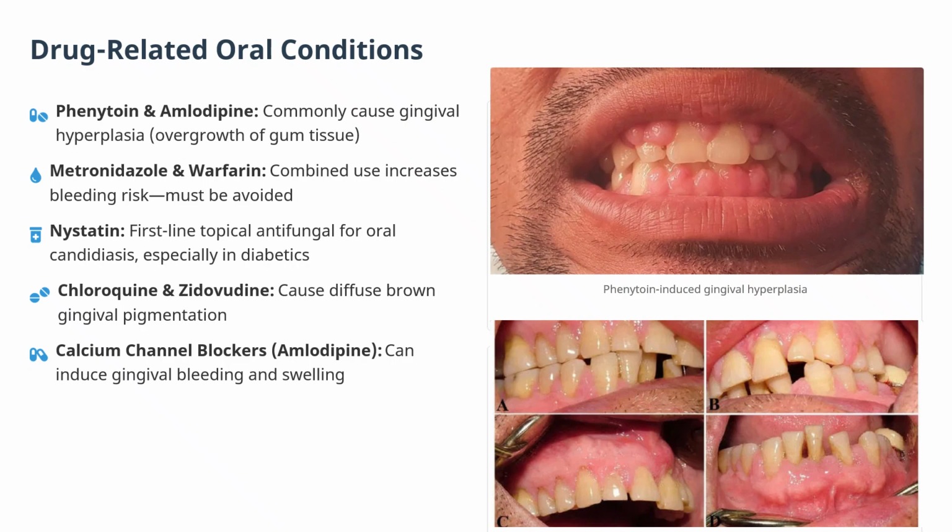Okay, regarding the drug-related oral conditions, we need to know the drugs and their effect on the oral cavity. For example, phenytoin commonly causes gingival hyperplasia; it is the most responsible drug, and it's an anti-epileptic, okay?